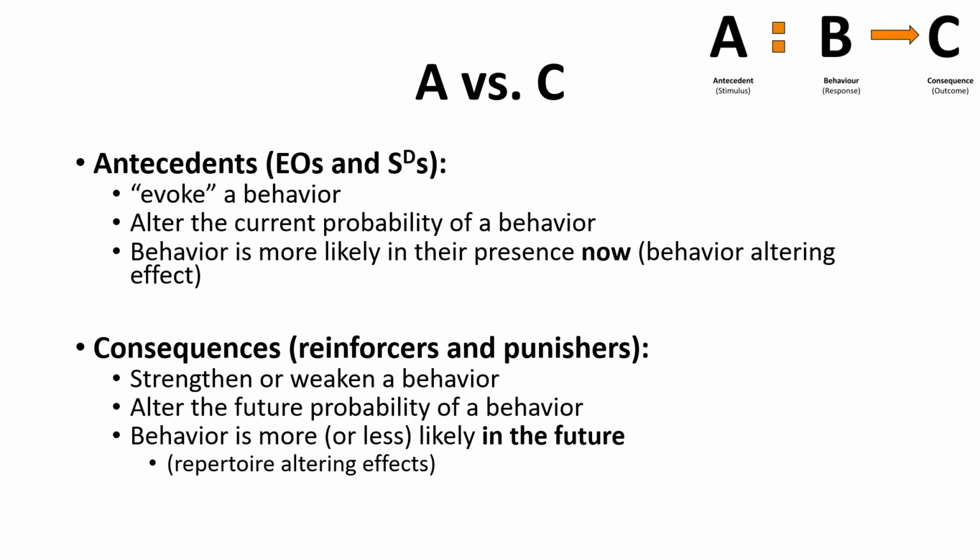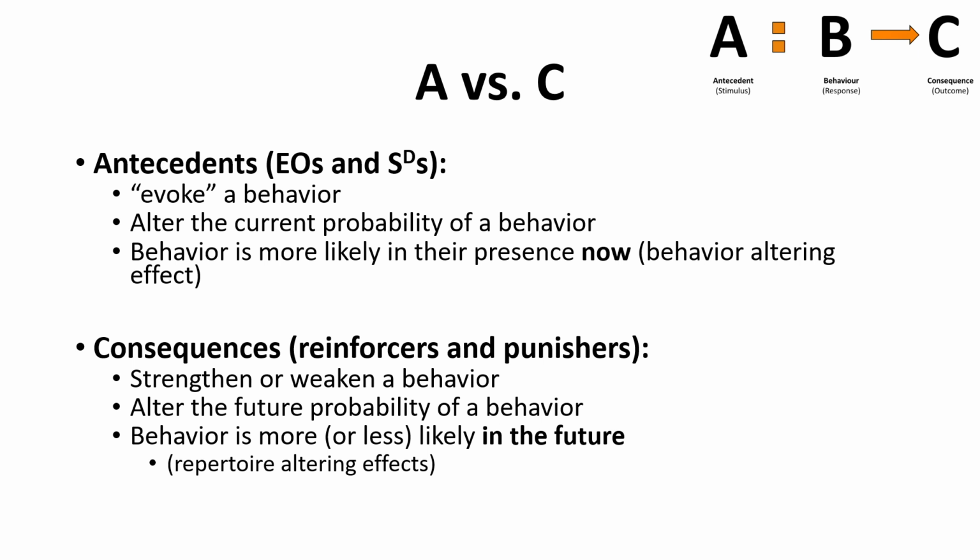Now, when we're talking about antecedents, we're talking about evoking a behavior. So our EOs and SDs are working together to make it more likely for that behavior to occur. We're altering the current probability of a behavior. There's another term that seems very similar, the term elicit.